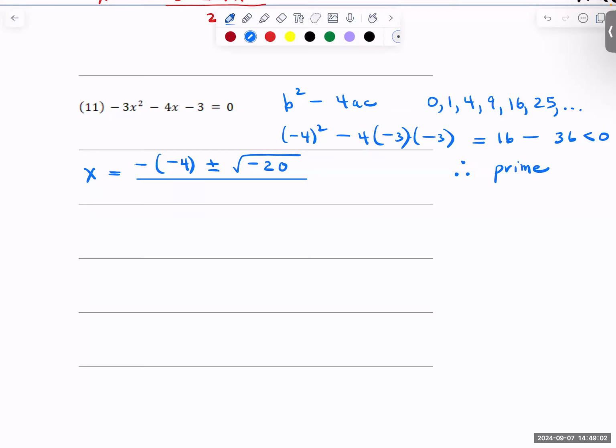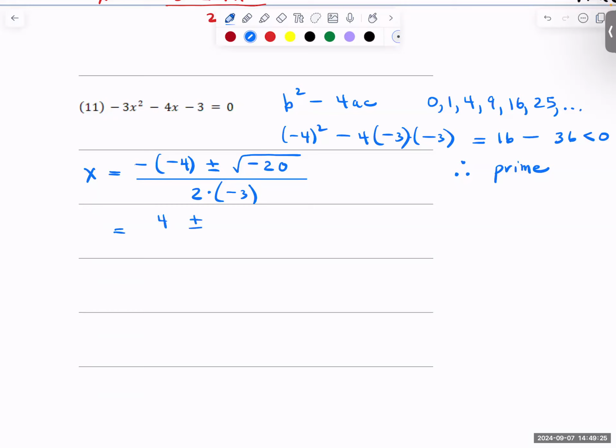We have an imaginary number, and therefore we would not continue and say the solutions are not real numbers. They are imaginary. Now let's go a little bit further with this, since we soon will be reviewing imaginary numbers.